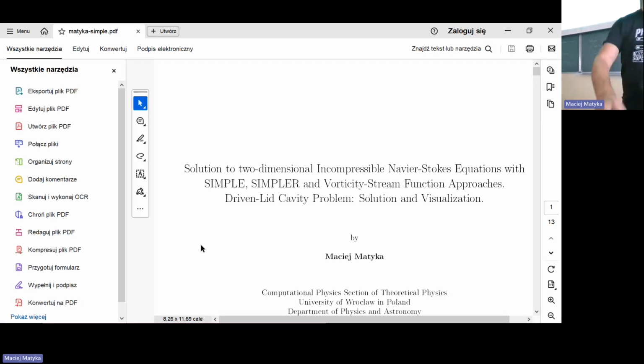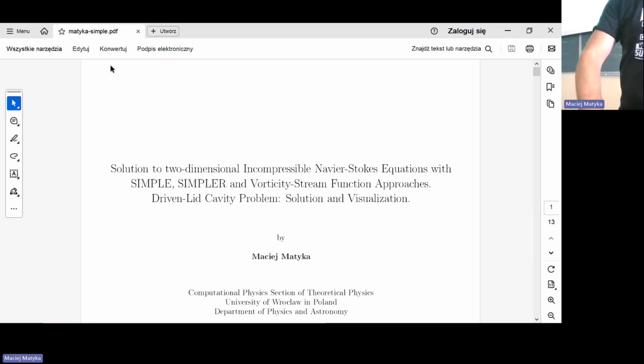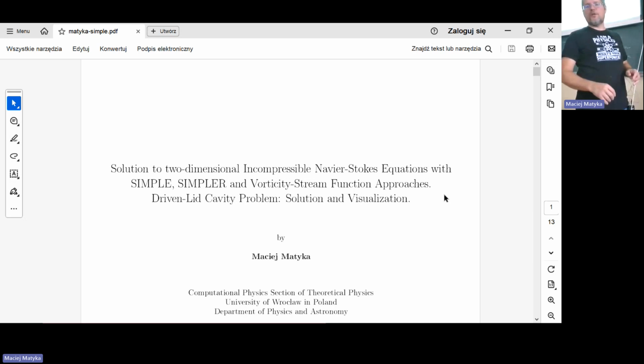Let's see what the main ingredient is, and you will be amazed how, maybe not simple, but straightforward it is, because the solution is based on our observation of how those equations are working. The problem in CFD is that we cannot solve Navier-Stokes directly.